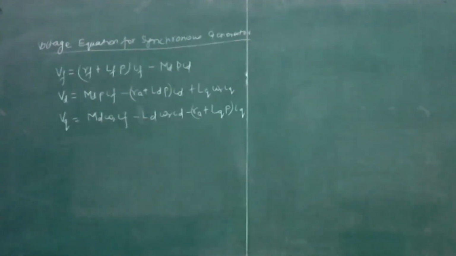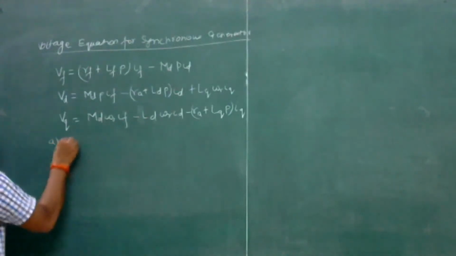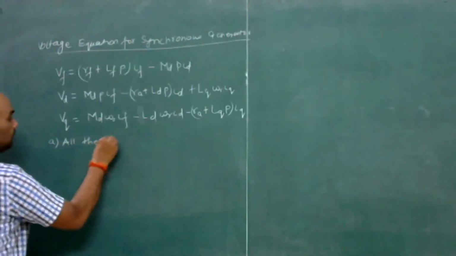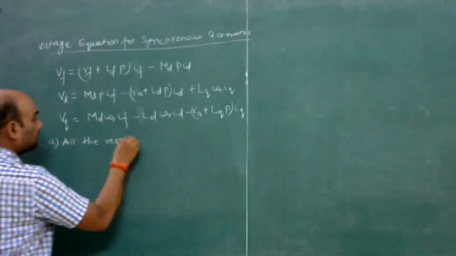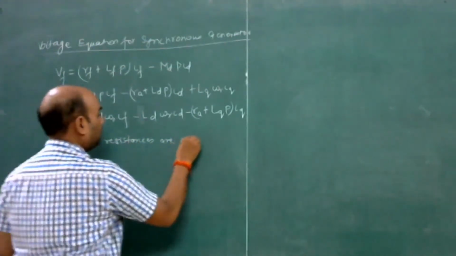We use these equations for obtaining the solution of the transient problem. First, we assume that all the resistances are neglected.